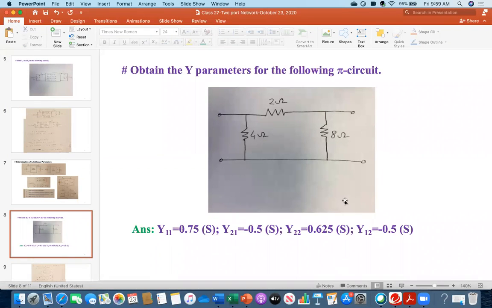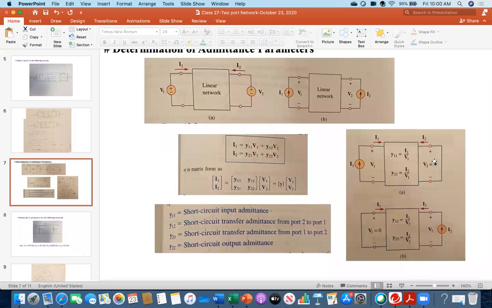So as you can see, for example, why is the minus sign coming? Because once you make the short circuit on the right side, the basic thing, the current flowing is in this direction.